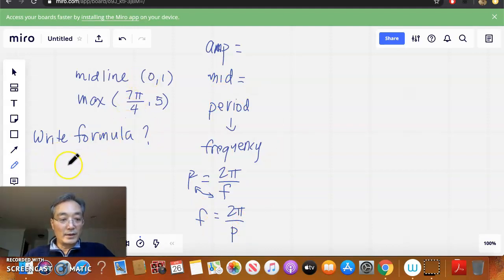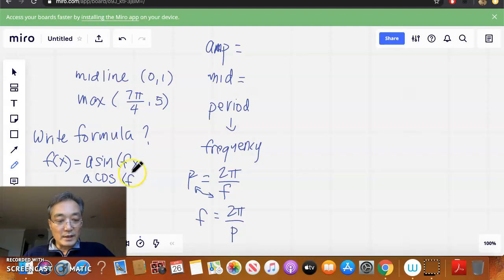So if they wanted an f of x, they would say f of x is equal to, of course, we need the amplitude, right? And then it's either going to be sine or cosine. And then we're going to have, of course, the frequency times x, like that.